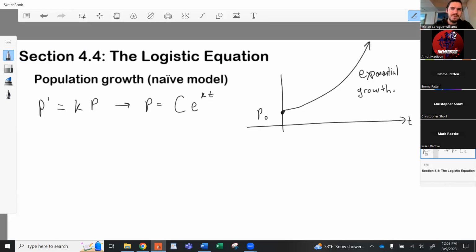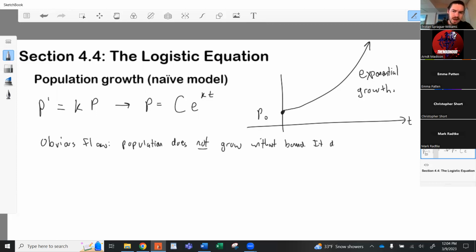This has an obvious flaw, which is that population does not grow without bound. Right? It does not go to infinity over time.